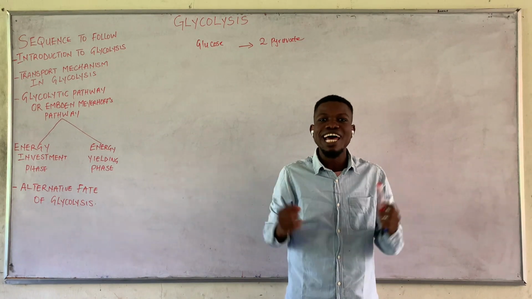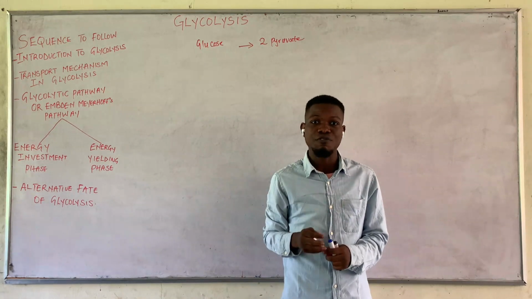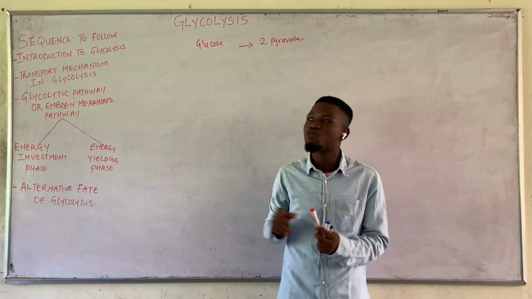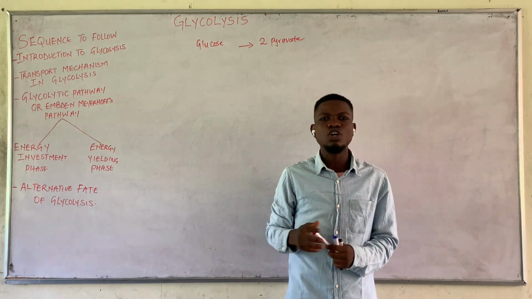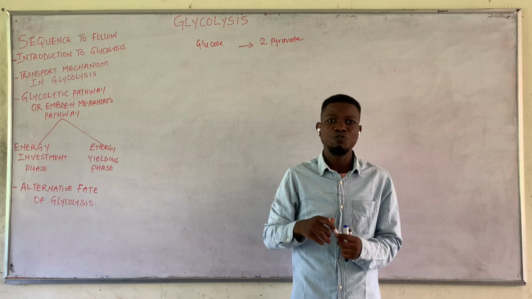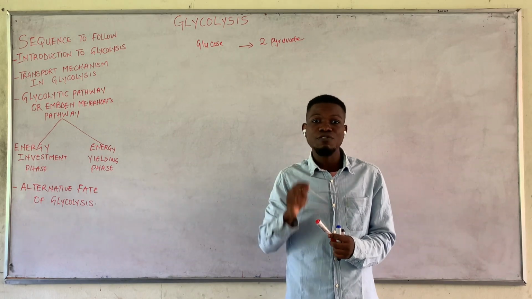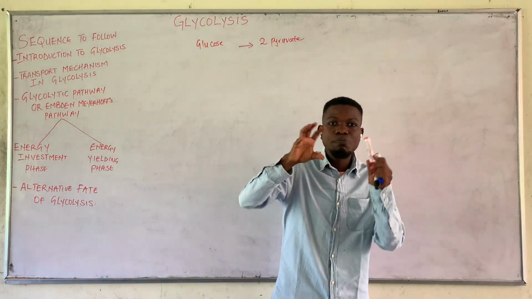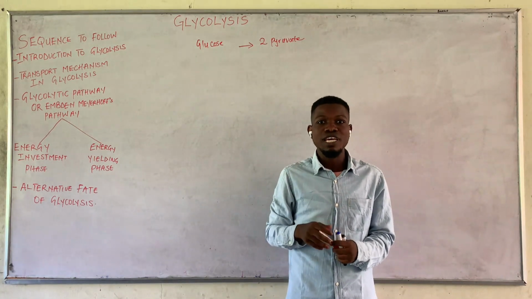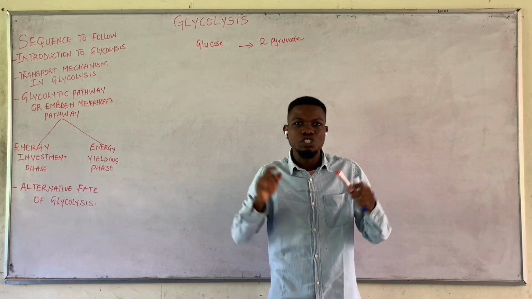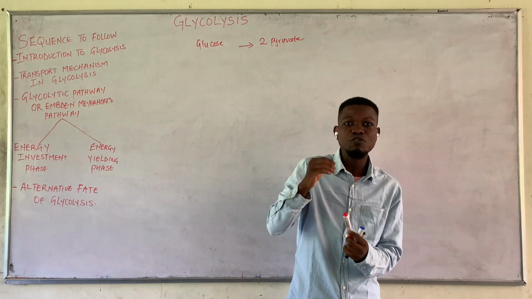We need energy to ensure continuity of life. So where is this energy coming from? It comes from the process of glycolysis. When we consume any kind of food, most especially carbohydrate-rich food, the carbohydrates are broken down by the digestive system into sugar or glucose, and the glucose diffuses into the blood.